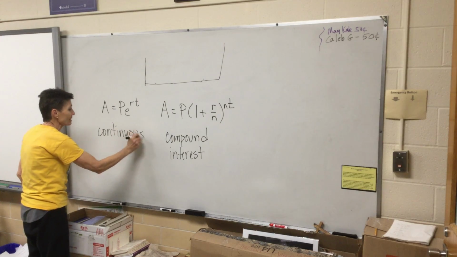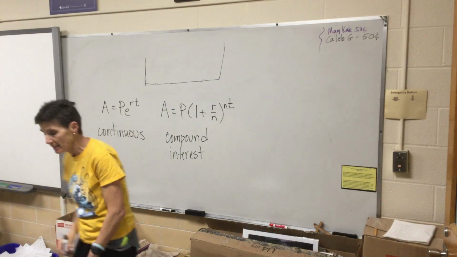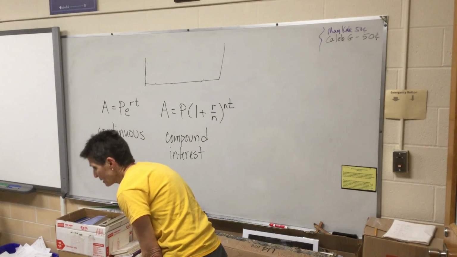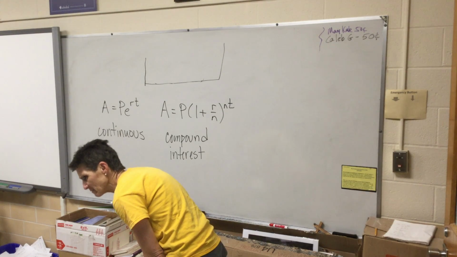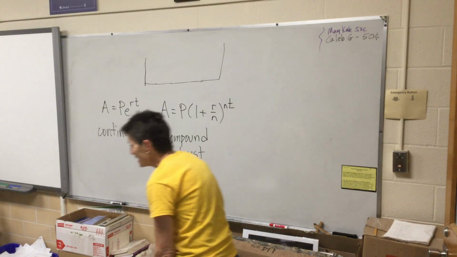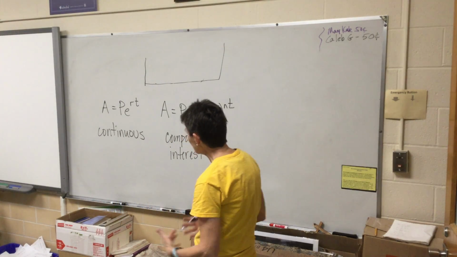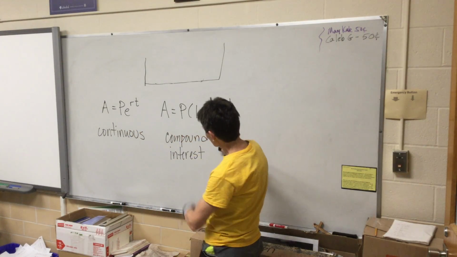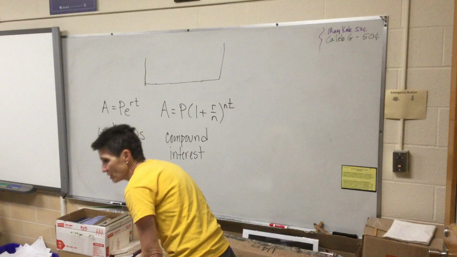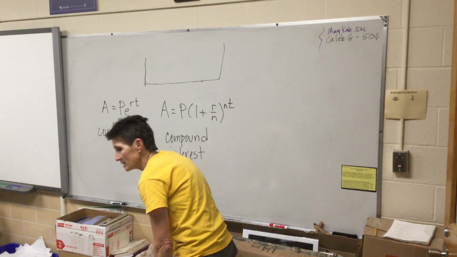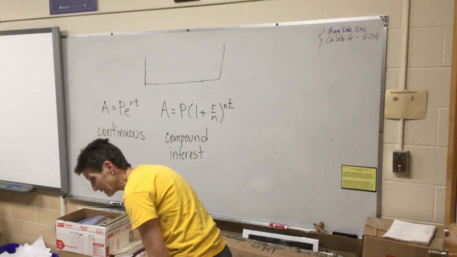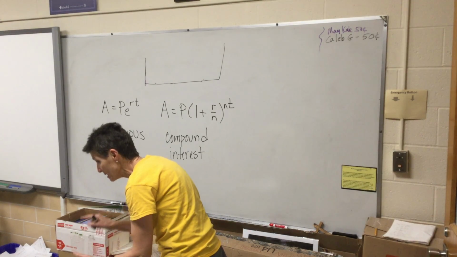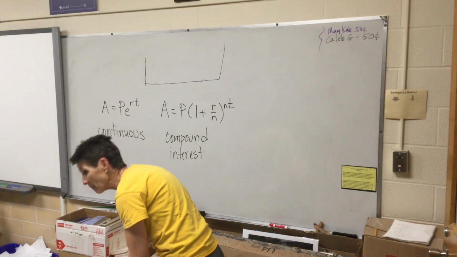So anything that grows continuously, whether it's a population, a radioactive decay in an element, anything that is changing continuously is going to use this formula. This formula is strictly for compound interest. But it's important because all of you hopefully have bank accounts and your interest is compounded monthly, annually, somehow.